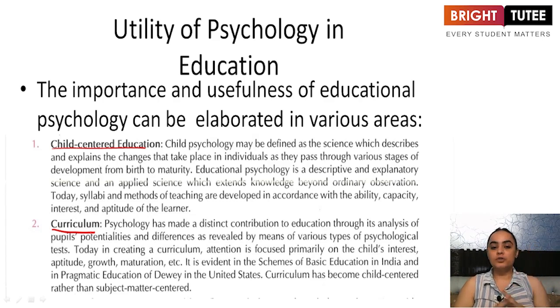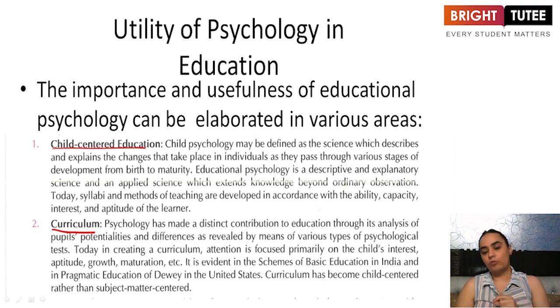Now, according to educational psychology, every child has a different aptitude, right? No two children are the same. Every child has different interests, a different aptitude, a different rate of growth and understanding.